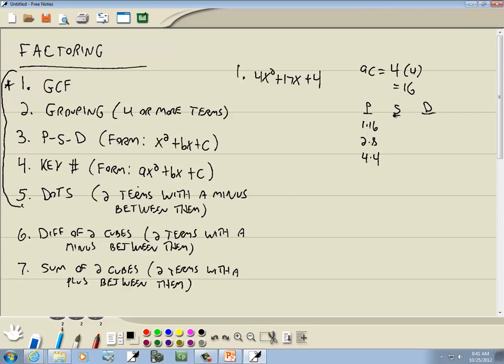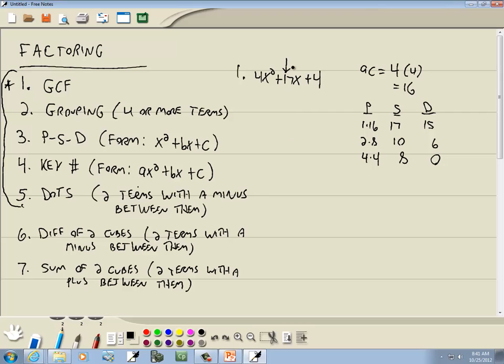The S stands for sum, and we're going to add these two numbers together. 1 plus 16 is 17, 2 plus 8 is 10, and 4 plus 4 is 8. In the difference column, we're going to subtract the smaller number from the larger number. 16 minus 1 is 15, 8 minus 2 is 6, and 4 minus 4 is 0.